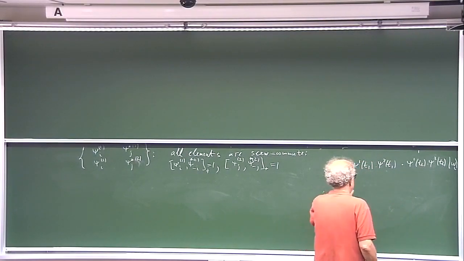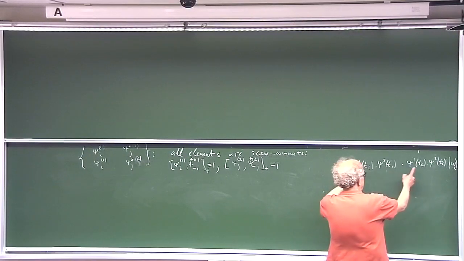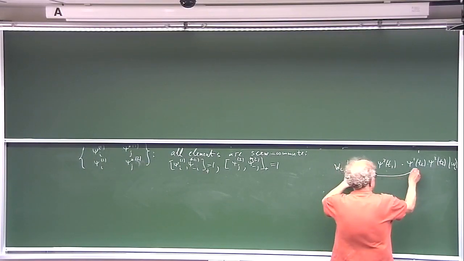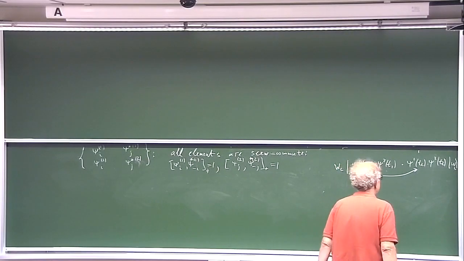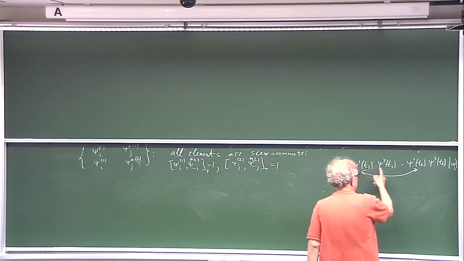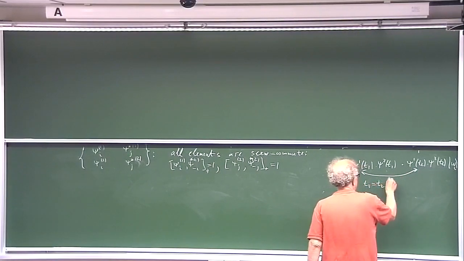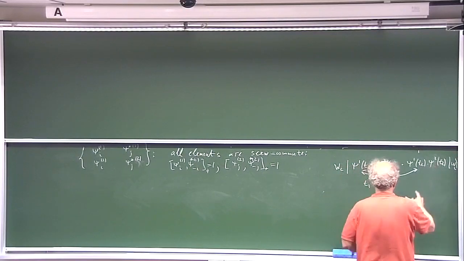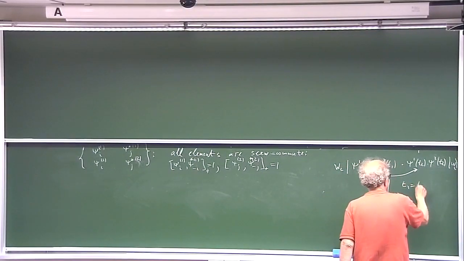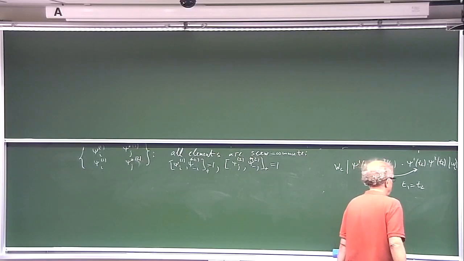But what we can say is that, if we know that this is for fermions, this is a skew-symmetric function, and because this is a skew-symmetric function, it is 0 at t1 equal to t2. And because this is also a skew-symmetric function, it is also 0 at t1 equal to t2.